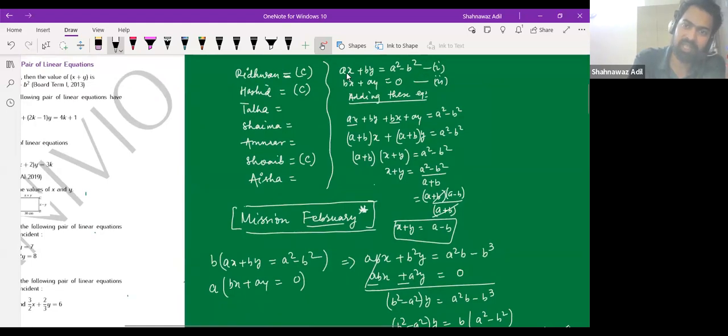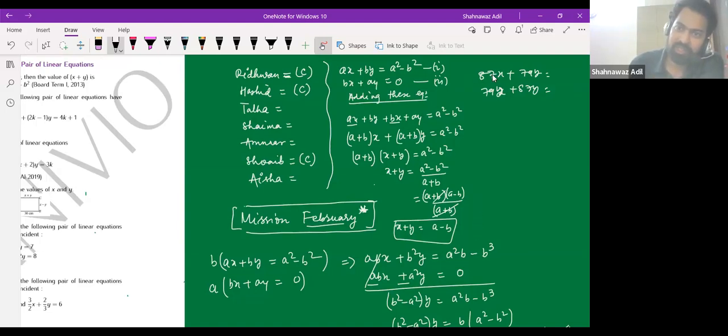So whenever we see this kind of question, you have done this problem before, right? You did this problem like 87x plus 79y, something like that, and 79x plus 87y. You did these questions before, right, Shaima?